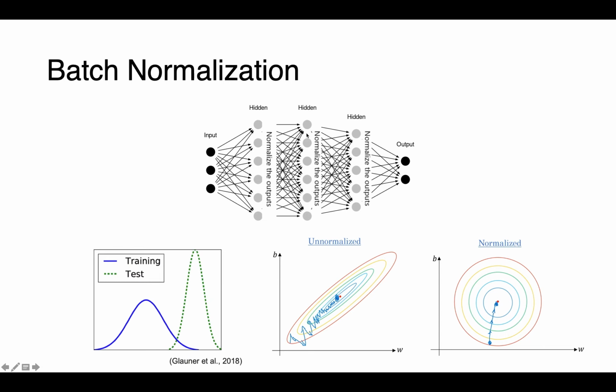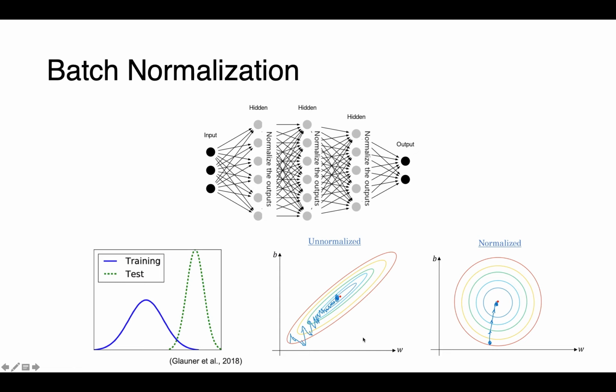And there are some other things being used in the neural network model to boost the performance, like batch normalization. It can be used for the hidden layer within the neural network, and it can normalize the distribution so that the training and test can have a similar distribution after normalized.